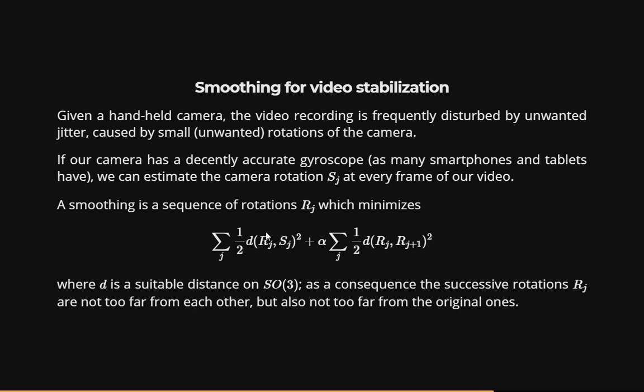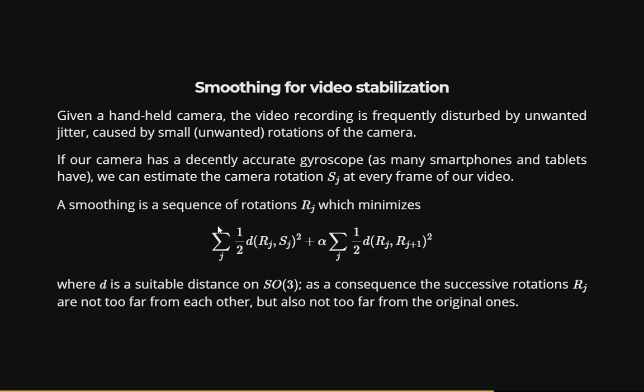Because from one frame to the other, the camera could be rotating because you want to do a panoramic view, for example, or because you want to rotate. So you want to follow roughly the path given by these camera rotations, but you want to smooth it so that it doesn't shake. So you want to minimize the distance from one step to the next one. But if you only give this objective, then you will just stay still in one point on the special orthogonal group. You want to follow the path given by the actual rotation without shaking too much.